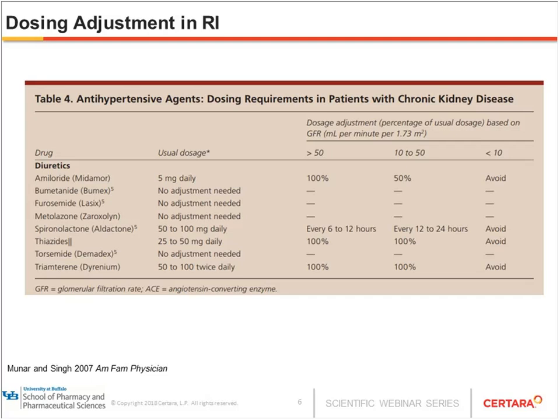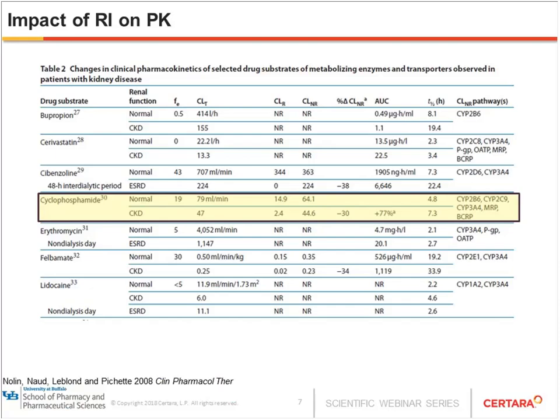And the reason why we have these dosing adjustment requirements are because of the changes and the impact of renal impairment on the pharmacokinetics of certain compounds. So this table here is from a 2008 publication that looks at changes in clinical pharmacokinetics for different compounds.